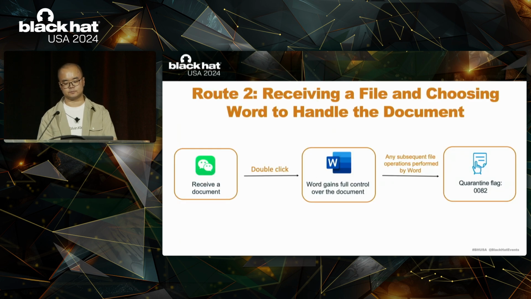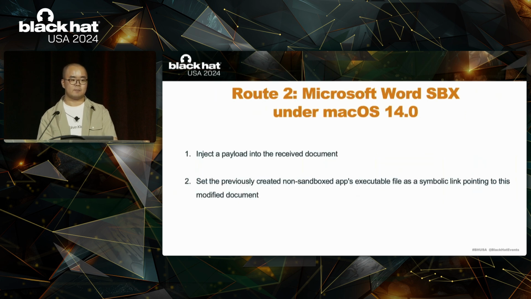For example, if we receive a document in WeChat and then double-click it to open with Microsoft Word, Word will have full control over the document. Any subsequent file operations performed by Word on this document will be tagged with a 2 quarantine flag instead of a 6.